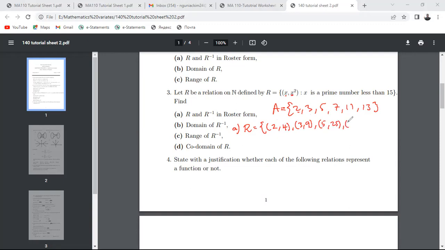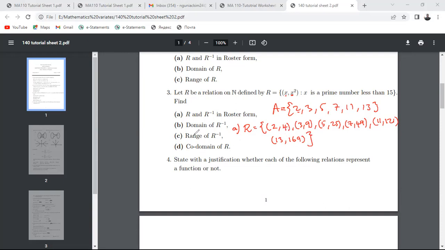You go to 7. You square that, you get 49. You go to 11. You square that, you get 121. And finally, you go to 13. You square that, you get 169, if I'm not mistaken. Let me just confirm.